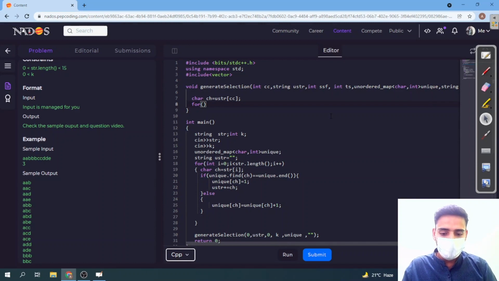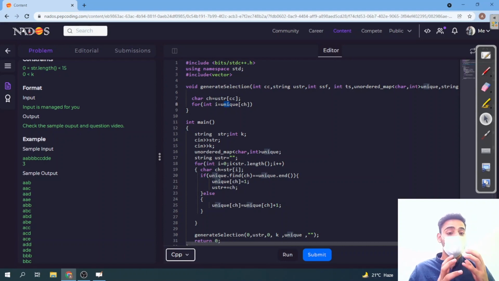Okay, so for that, count equals unique of ch. So it will give us the total occurrence of that specific character, right? Okay, I haven't told you what unique is here actually, right? So unique is the unordered map here.